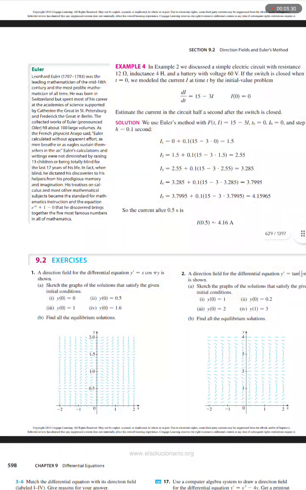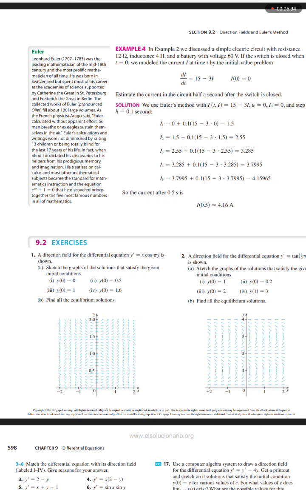Example 4. In example 2, we discussed a simple electric circuit with resistance 12 ohms, inductance 4 big H, and a battery with voltage 60 big V. If the switch is closed when t equals 0, we modeled the current big I at time t by the initial value problem: the derivative of big I with respect to t equals 15 minus 3 big I, where big I of 0 equals 0.